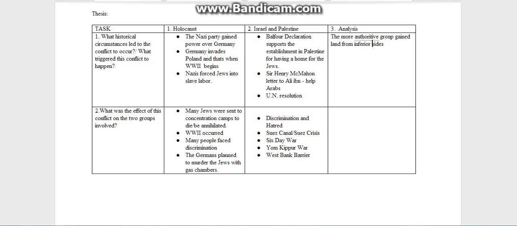The second part, we can write that both had a large amount of hatred for one another. So that can tie up the first task.